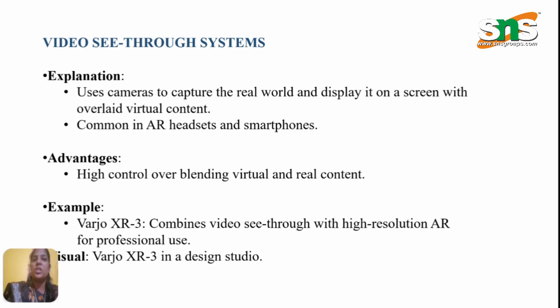Fourth is the projection display, interactive AR on walls and objects using Lightform. The fifth is the video see-through system, professional devices like Varjo XR-3. Each device helps bridge the real and digital worlds in a unique way. So whether through your eyes, screens or projectors, augmented reality is rapidly transforming industries like gaming, education, healthcare, architecture and design. From entertainment to professional applications, AR is redefining how humans interact with technology.